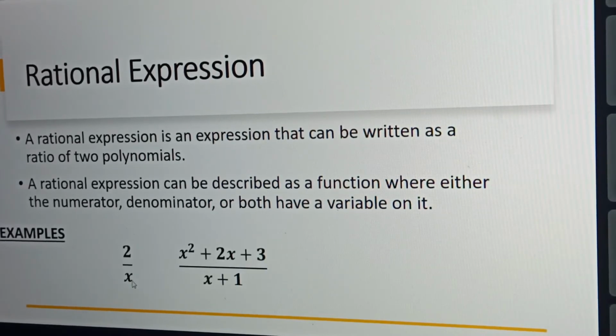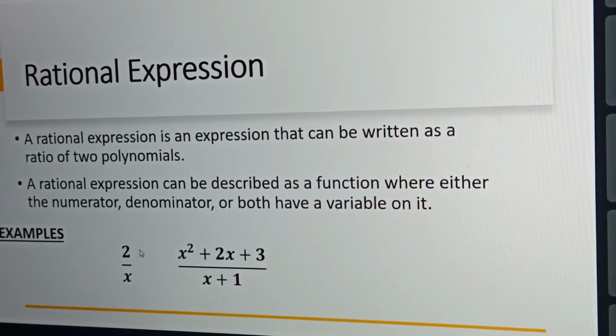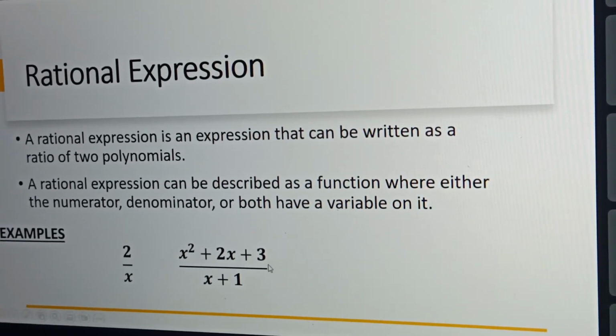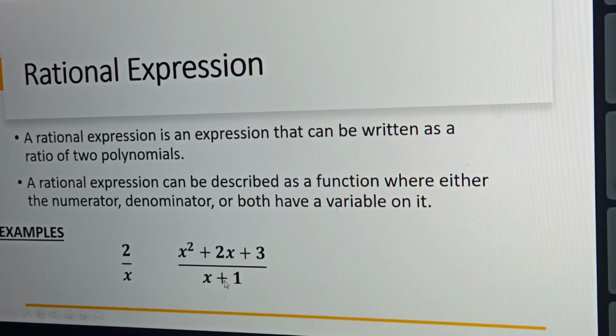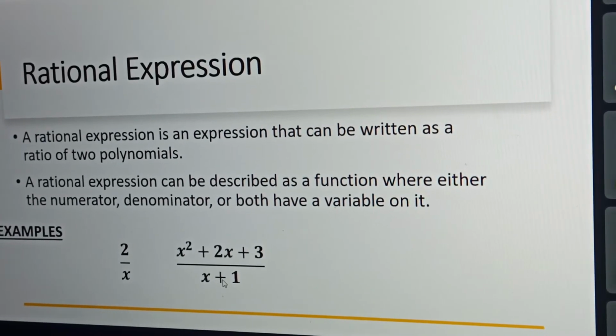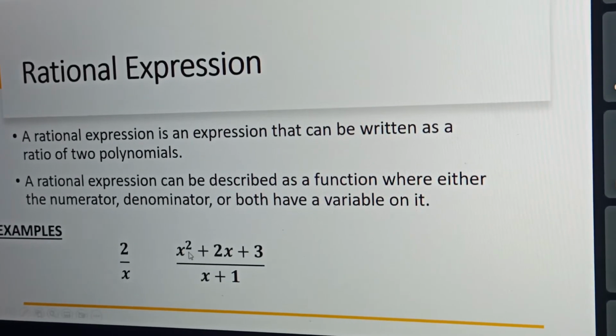Next one. Ayun, so we have here x squared plus 2x plus 3 all over x plus 1. Okay, so yung kanyang numerator is a trinomial term, first term, second term, third term, and yung kanya namang denominator is a binomial term. Yung first term niya is si x, and yung second term niya ay si 1. Okay, so therefore, this is also an example of a rational expression kasi positive naman yung exponent ni x.